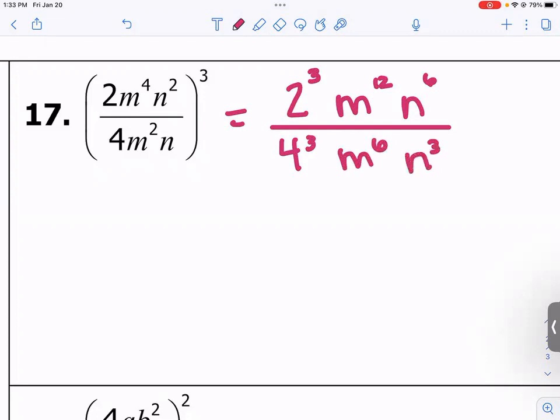That's what you want? No. What do you want, Sophia? So 2 cubed is 8 and 4 cubed is 64. That's 4 times 4 times 4.